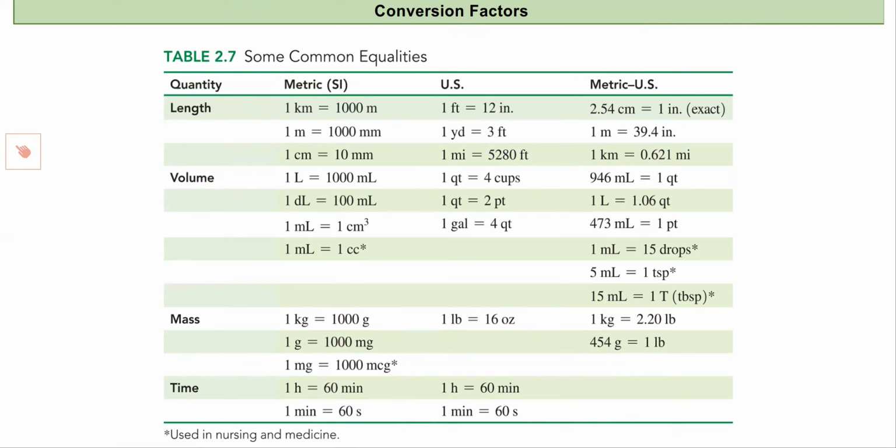But I won't ask you to memorize US conversions or metric to US conversions. I'll always give those to you if they're needed to solve a problem on an exam or on a quiz. The ones that I think are worth memorizing are milliliters, or metric system, milli, kilo, and centi.